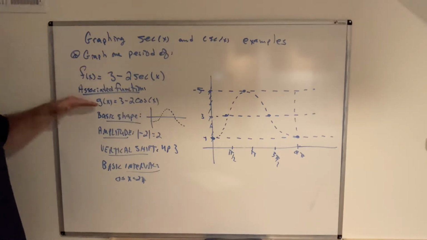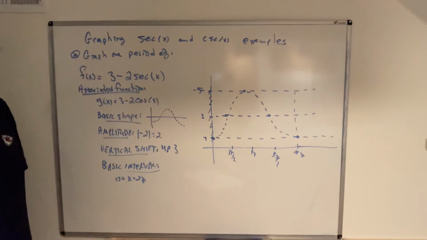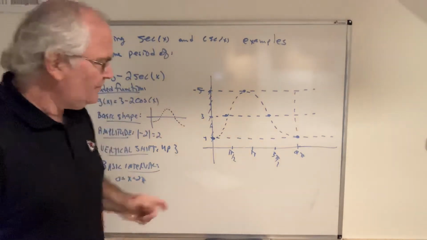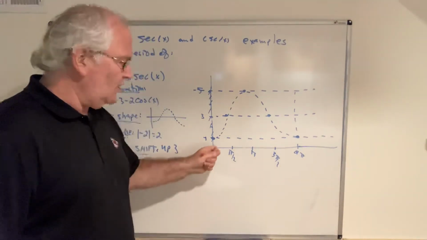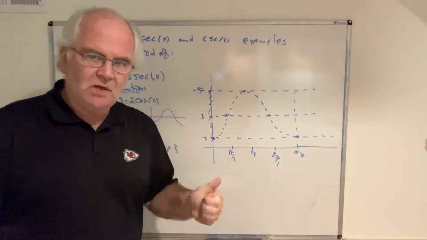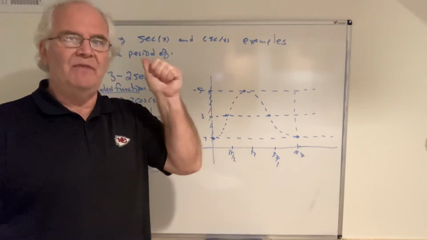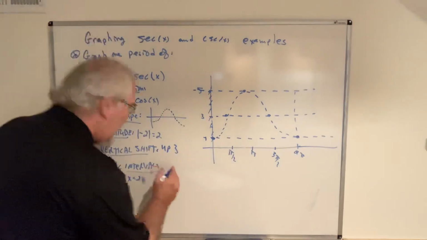And so now, once we have the associated function graphed, we need to find the vertical asymptotes. And here's the important piece. The vertical asymptotes do not occur at the x-intercepts. The vertical asymptotes occur at the nodes.